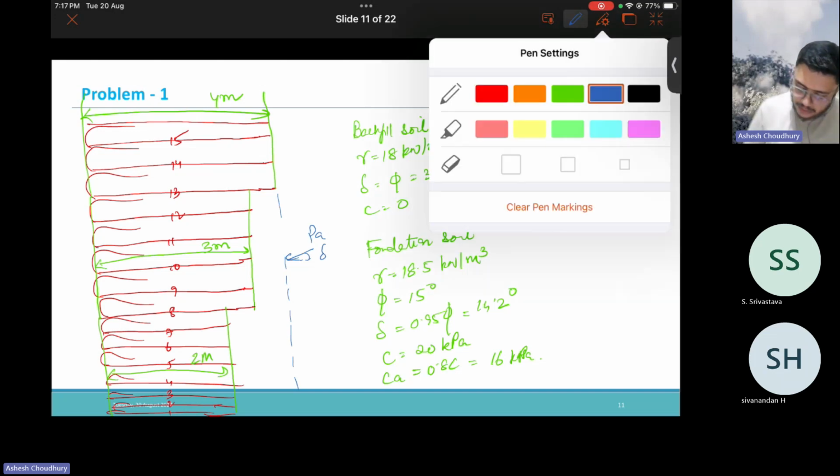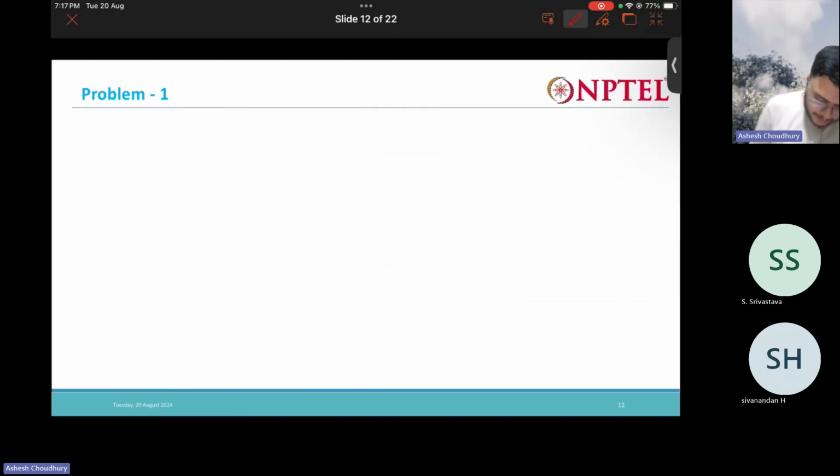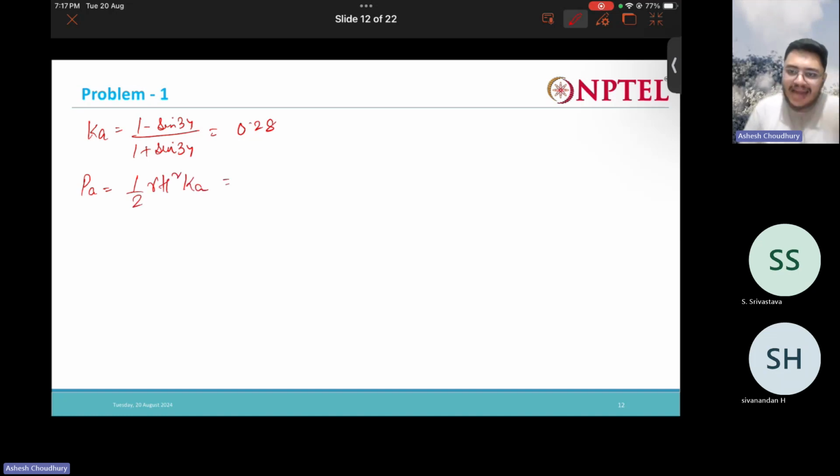For that, you first have to calculate the K_a: 1 minus sine 34 by 1 plus sine 34, and gamma at 0.28. Therefore P_A is, you can see here, simple expressions. Other things like live load and dead load I'm not considering, but please redo these problems by considering all those things. I'm just doing it in a normal way.